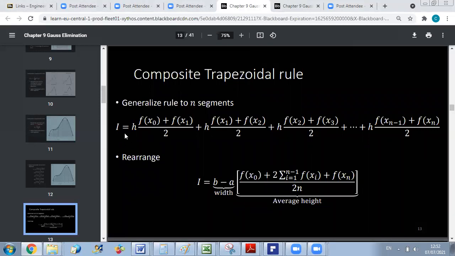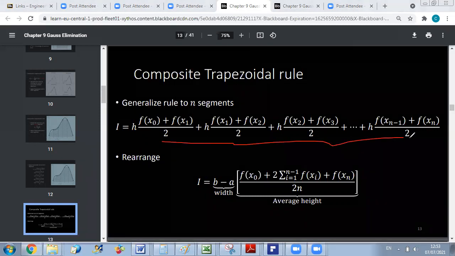I is equal to h times f(x0) plus f(x1) over 2, plus h times f(x1) plus f(x2) over 2, etc., plus h times f(x n minus 1) plus f(xn) over 2. To write this in a more efficient way, I can write it with the width b minus a over 2n.